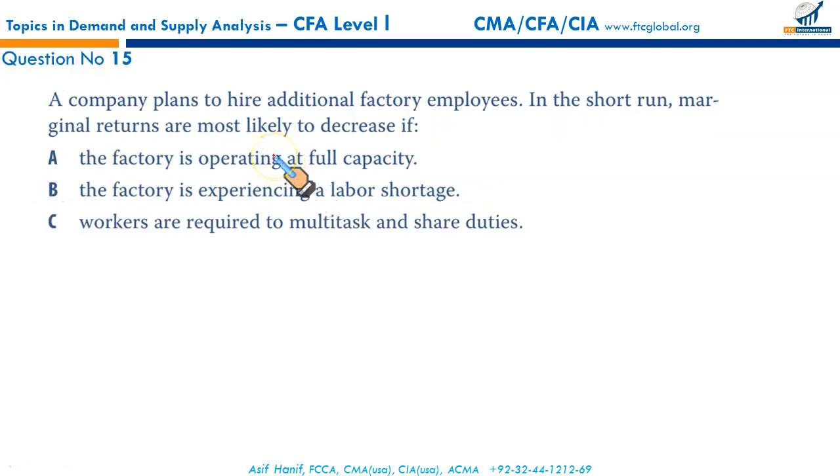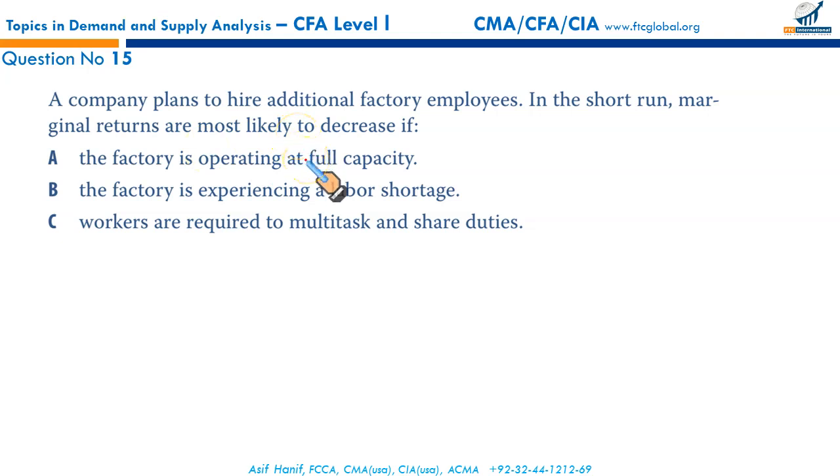A company plans to hire additional factory employees. In the short run, marginal returns are most likely to decrease if the factory is operating at full capacity and you hire more employees. Right?